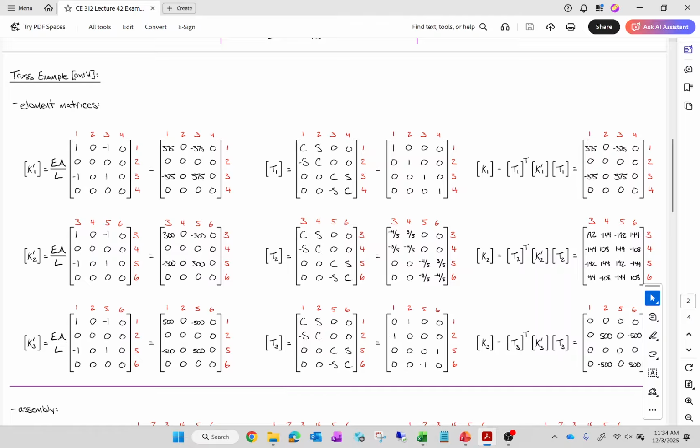So let's take a look at what happened, because I think it's really interesting to see what happened, especially as you go from local to global. So take a look at element number 3. This is the local stiffness matrix, and then this is the global stiffness matrix. Does everybody see this? So this is local, and this is global.